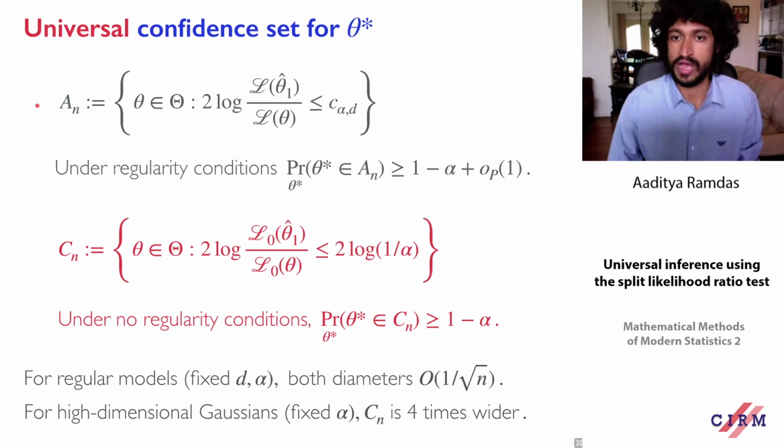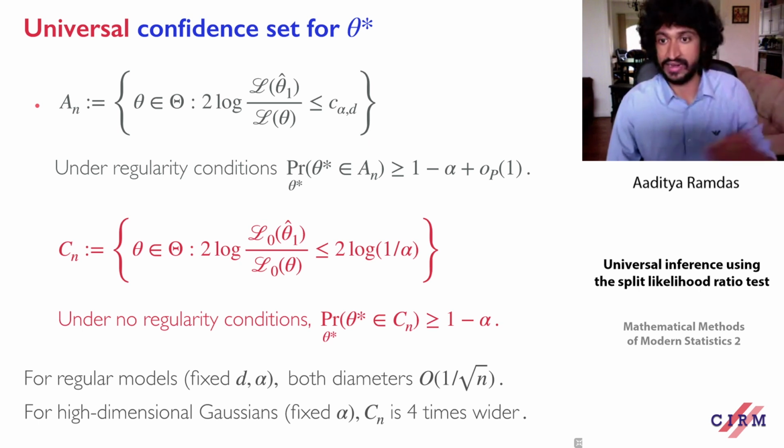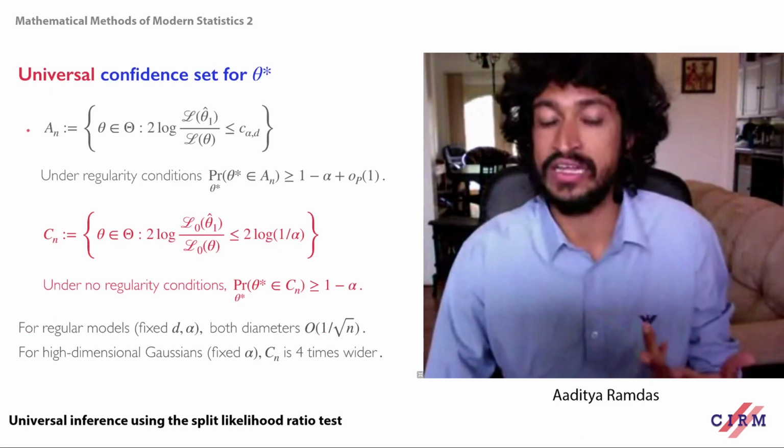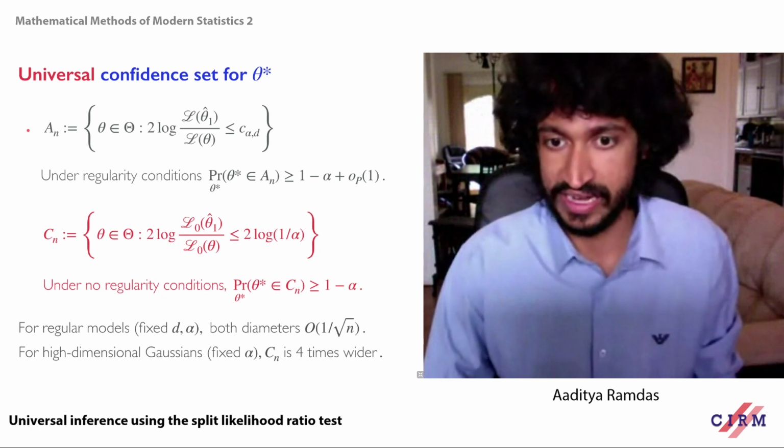You just take 2 times the log likelihood ratio, and you include all theta for which that is at most C_alpha,D. So this is just standard inversion of the test. And then the guarantee is that theta star will be contained in A_n with probability at least 1 minus alpha asymptotically. Then just compare that now instead to our definition C_n of the universal confidence set.